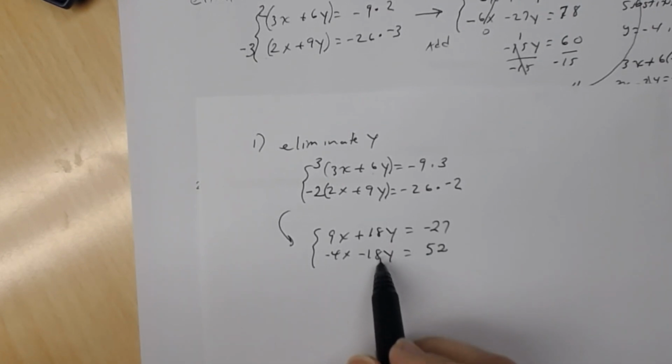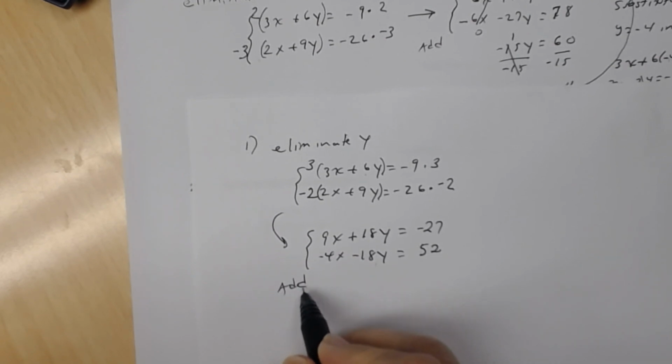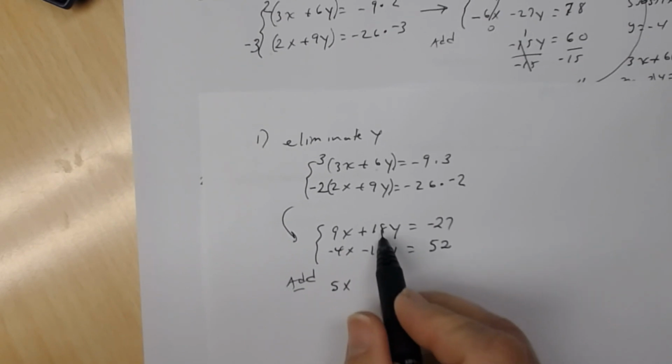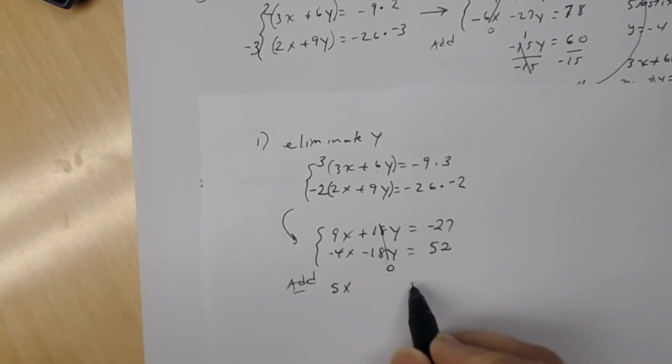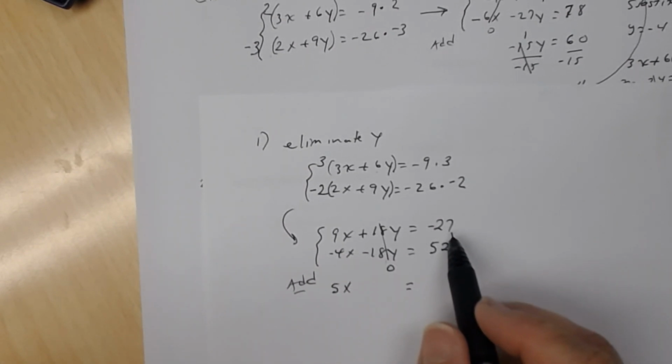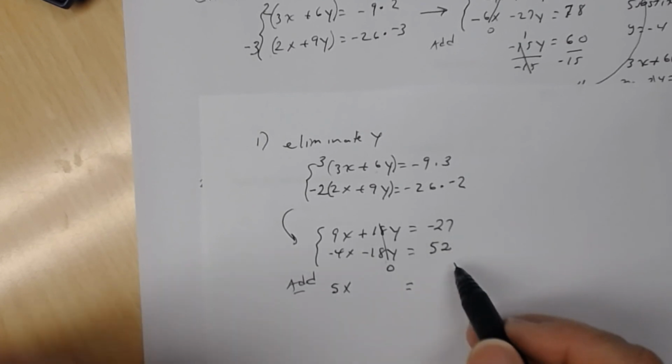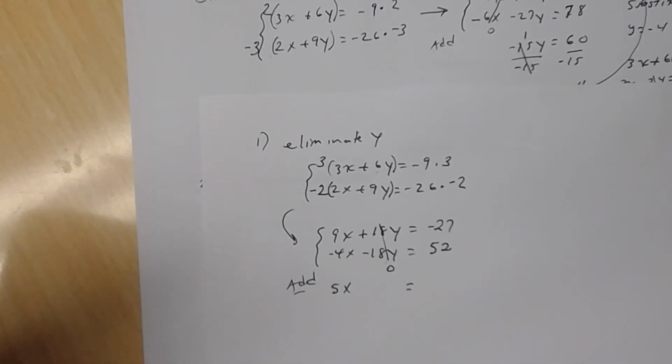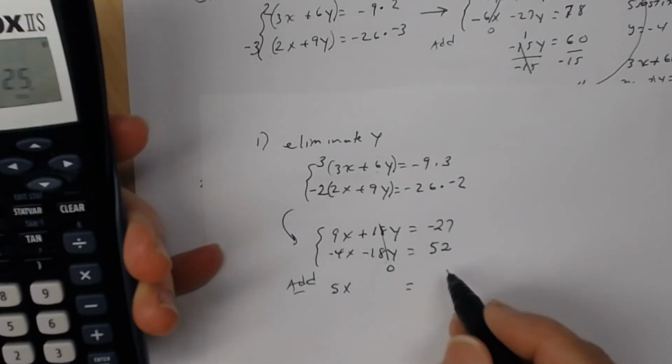Okay, now notice that these coefficients of y are opposites, so now I can add these two equations up. 9x plus negative 4x is 5x. 18y and a negative 18y is 0, and that's going to equal a negative 27 and a positive 52, which is going to give you 25.